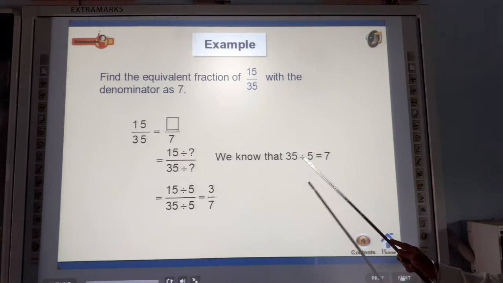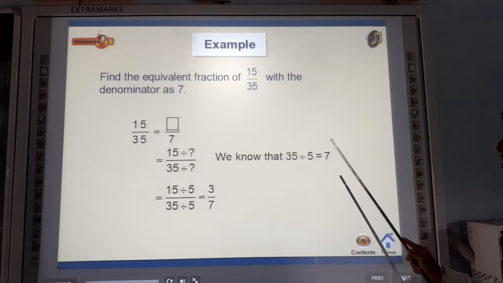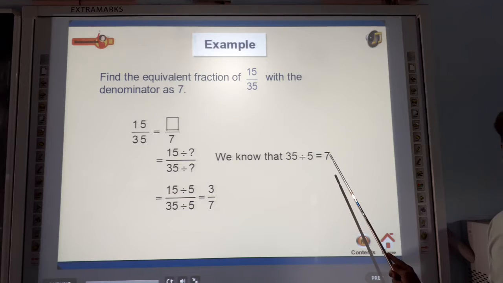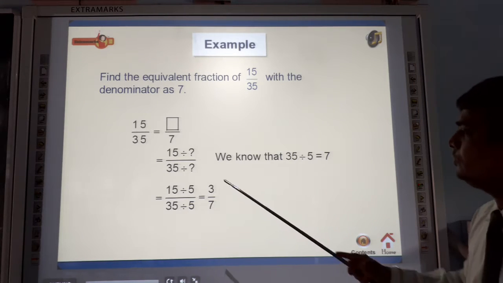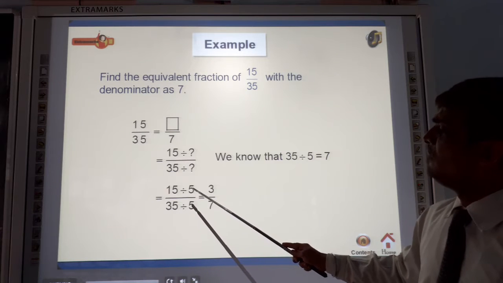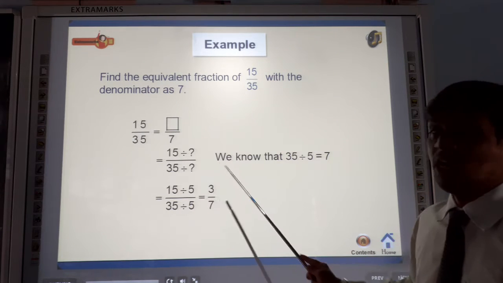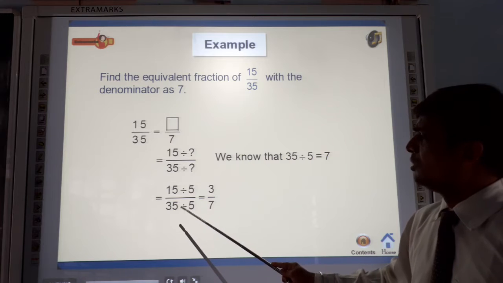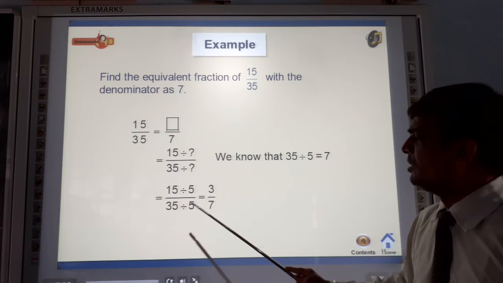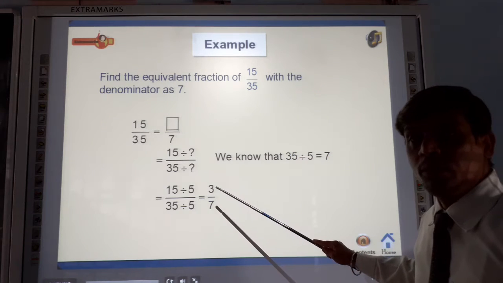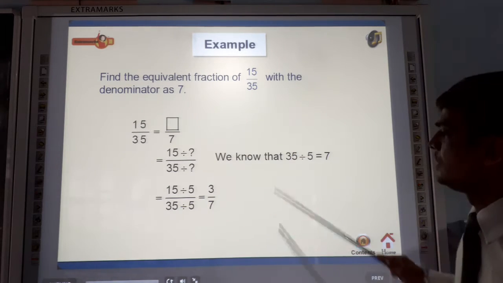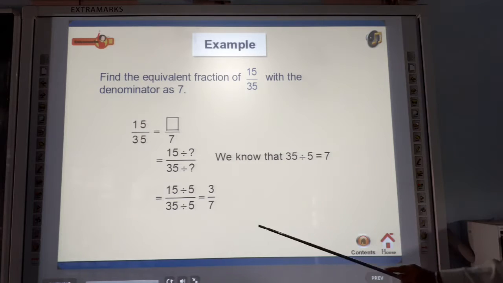We know that 35 is divided by 5. 5 sevens are 35. Okay. So 15 is divided by 5. 5 threes are 15, and 35 is divided by 5. 5 sevens are 35. So missing number is 3. Okay student, look at this. 5 threes are 15. Look at this.